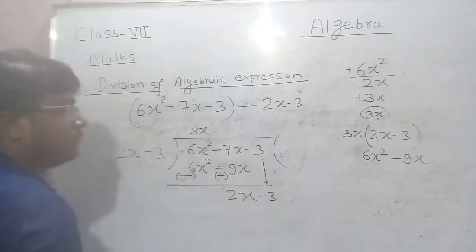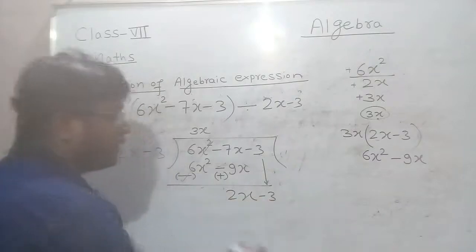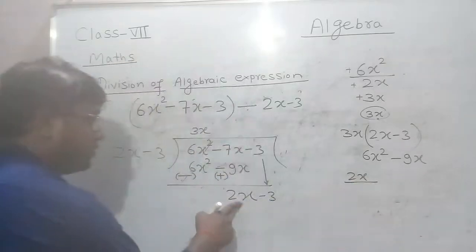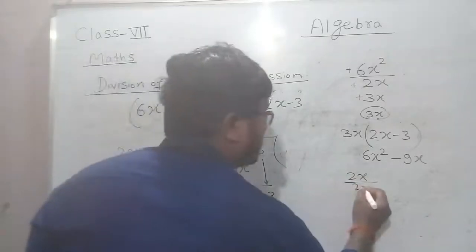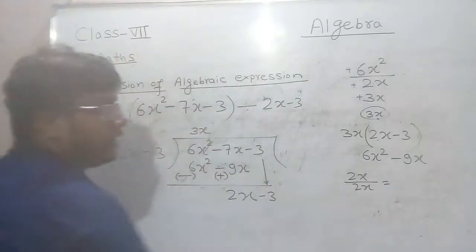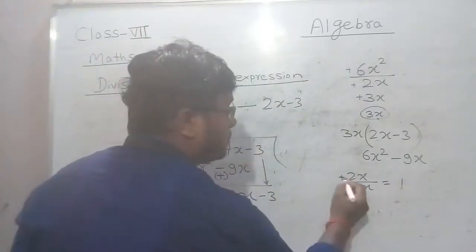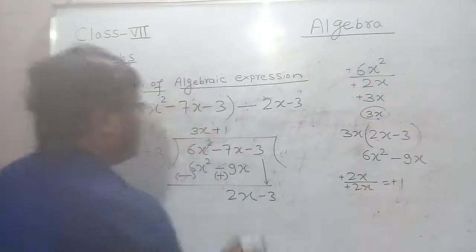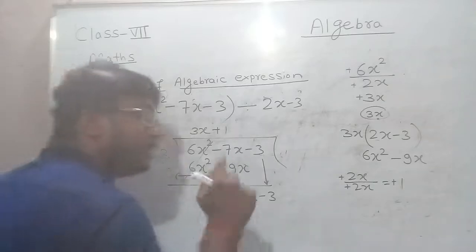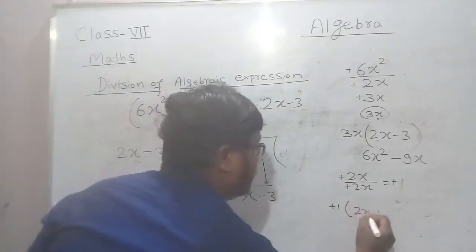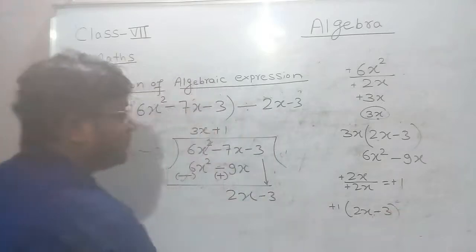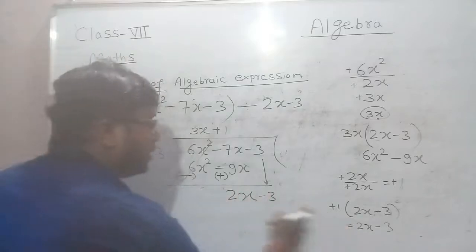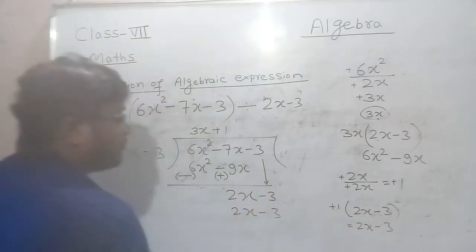Now again the same process: the first term 2x is divided by the first term 2x, and we get plus 1. This 1 is multiplied with the divisor, and we get the same thing, 2x − 3.